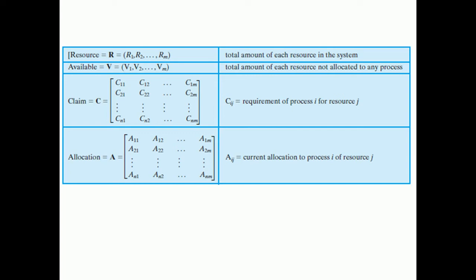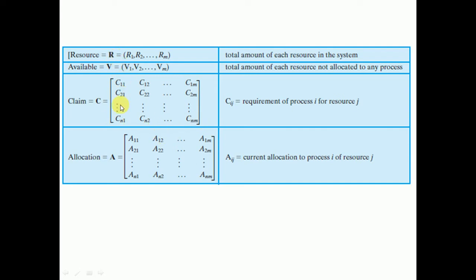Claim and allocation are the two matrices, and R and V are the two vectors, where with the help of the claim we can identify what is the requirement of the particular process. Every row is dedicated to one process. This is for process 1, this is for process 2 and this is for process n, whereas each column is respective to a particular resource.